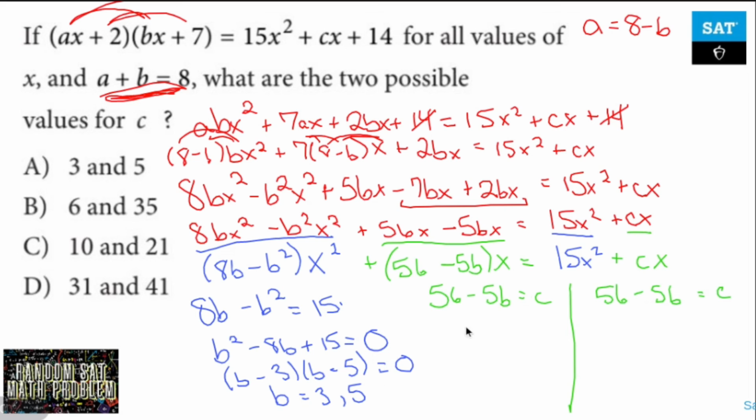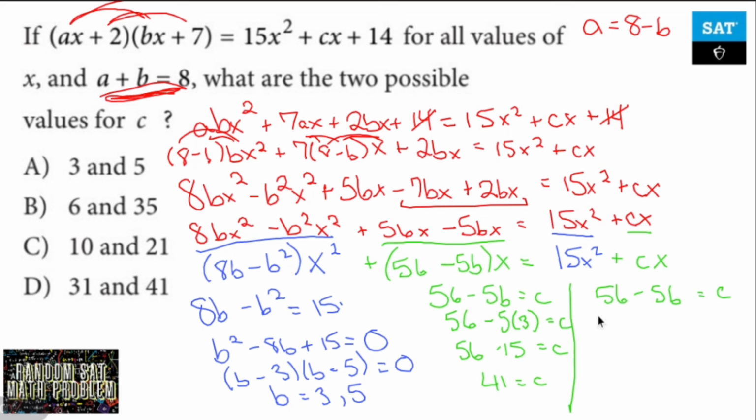I know that b is either going to be 3 or it's going to be 5. So let's plug in 3 and see what happens. 56 minus 5 times 3 equals c. 56 minus 15 equals c, and that is 41. So it looks like c could be 41.